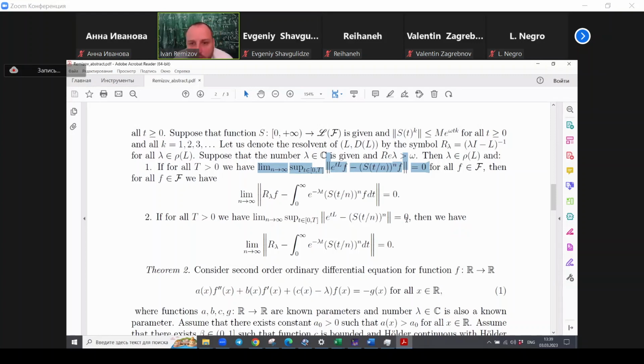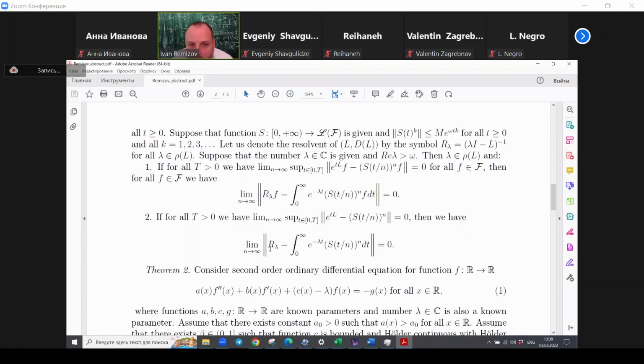If we have an even more powerful condition, which is not always obtainable, where we have uniform convergence, uniform, I mean in F, such convergence in norm was obtained by Valentin Zagrebnov in several cases.